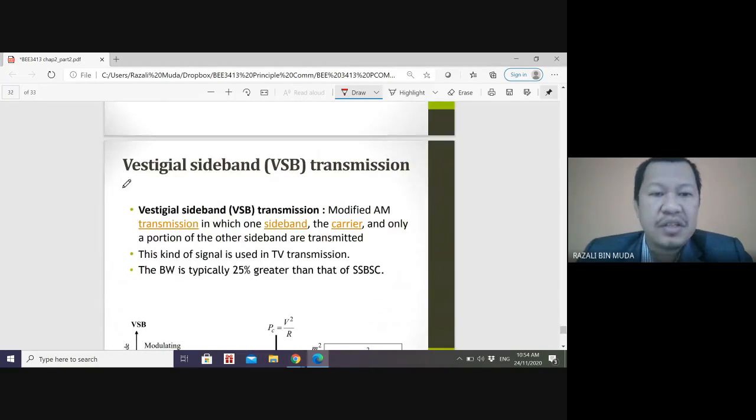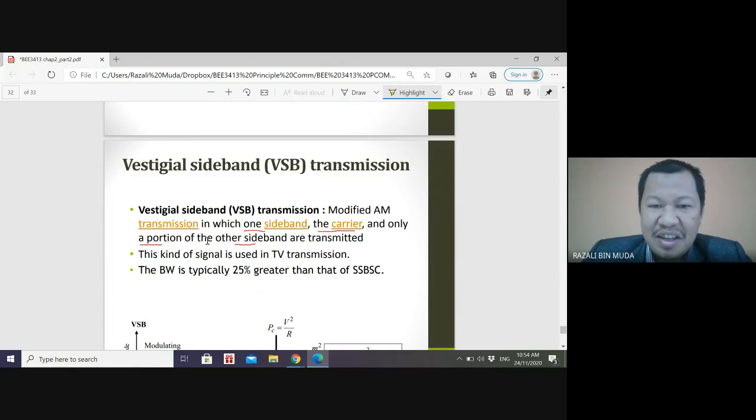The last one is the vestigial sideband, VSB, transmission. Vestigial sideband transmission is a modified AM transmission in which one sideband, the carrier, and only a portion of the other sideband are transmitted. So for vestigial sideband, you have 3 components again: one sideband, the carrier, and part of the other sideband.